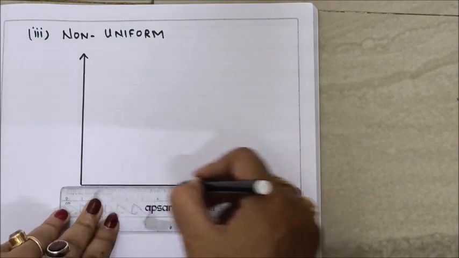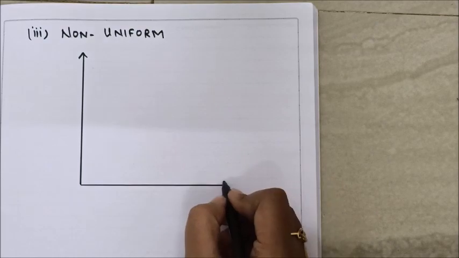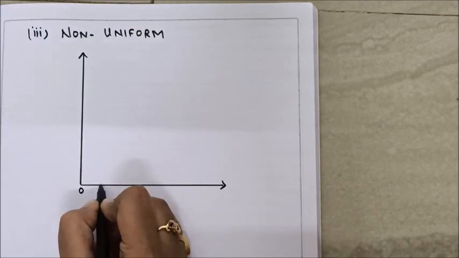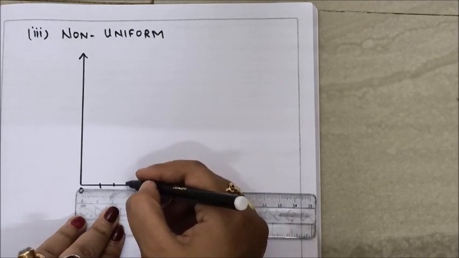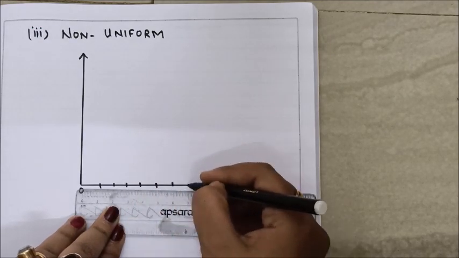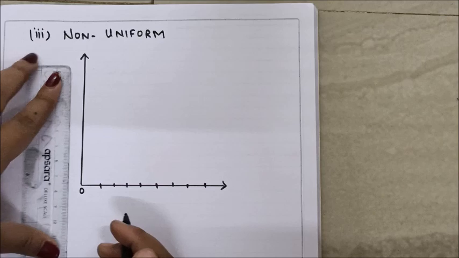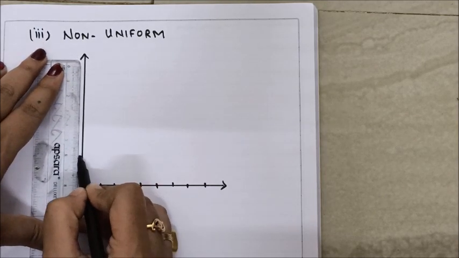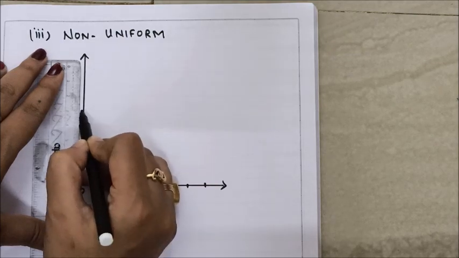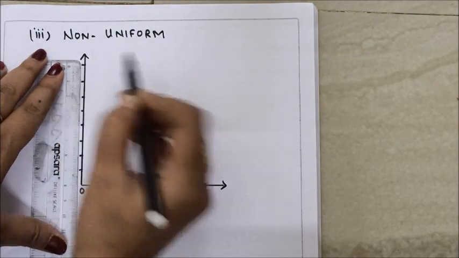So the basics again, as I repeat: we have to draw the graph, with 1 centimeter as the measurement for the timings. Over here also, 1 centimeter each will give me the measurement for the distance.